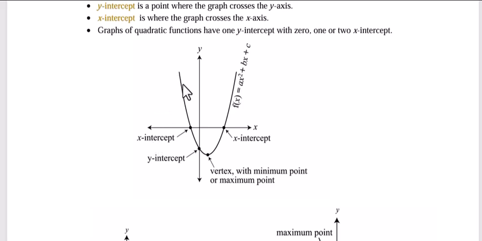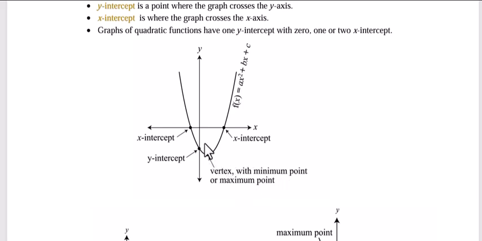We have this smooth curve, which is our function f of x equals ax squared plus bx plus c. The point where it turns is the vertex, where we have the minimum point or the maximum point.